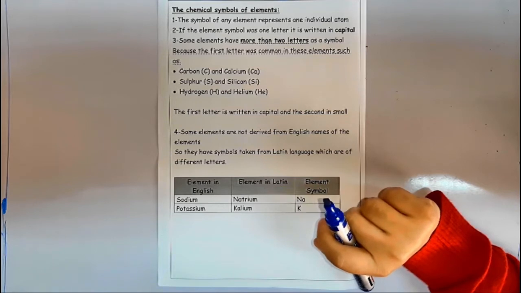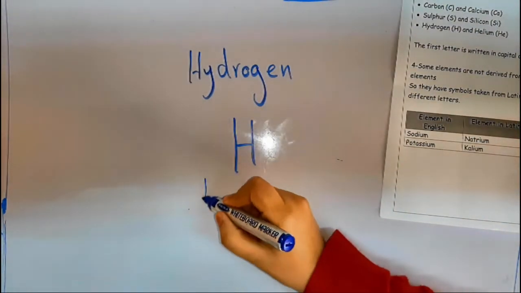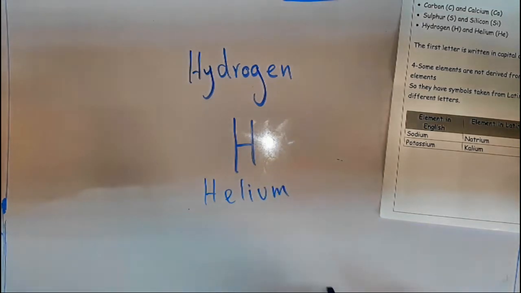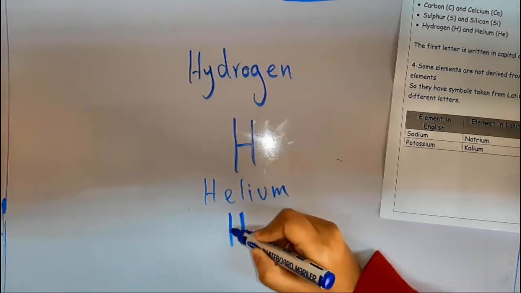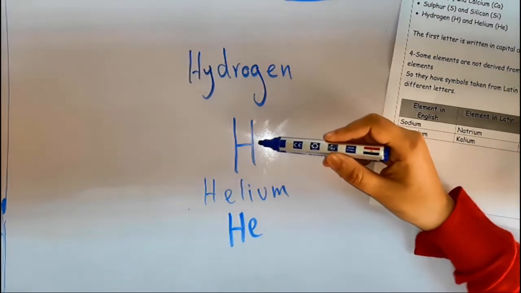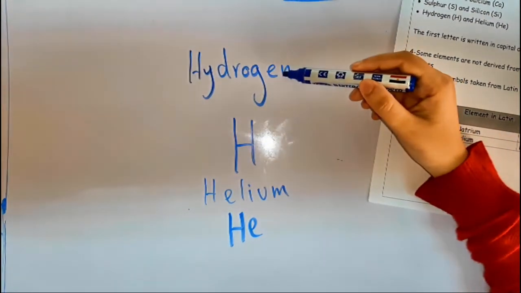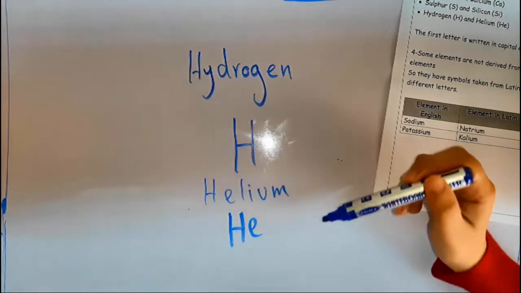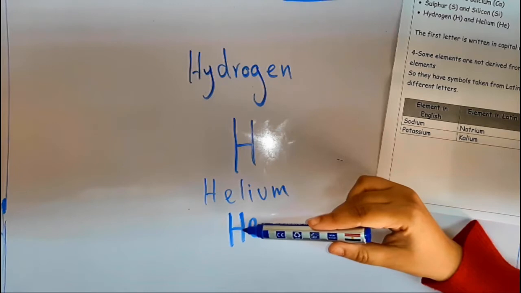Some elements have more than one letter as a symbol, like helium. The symbol of helium is He. Why? Because the letter H is taken for hydrogen, and helium's first letter is also H, so we can't write H again.